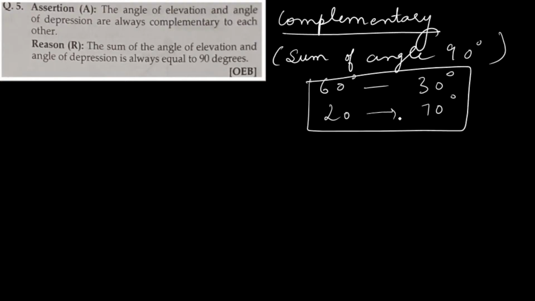When you add these two angles, their sum equals 90 degrees. So do you think the angle of elevation and depression are complementary to each other? When you add both, is the sum equal to 90 degrees? Okay, good, Navya. So do you think the angle of elevation and angle of depression are complementary?